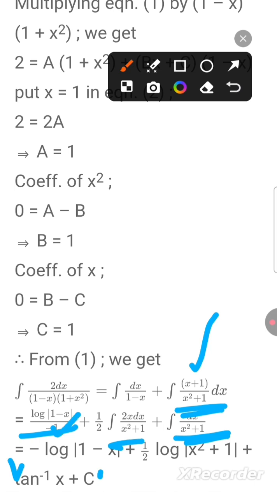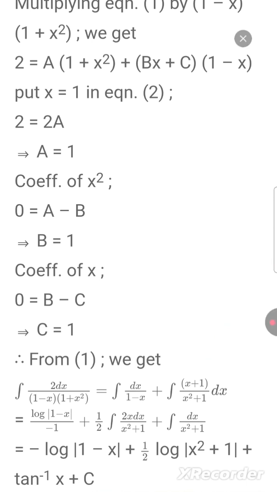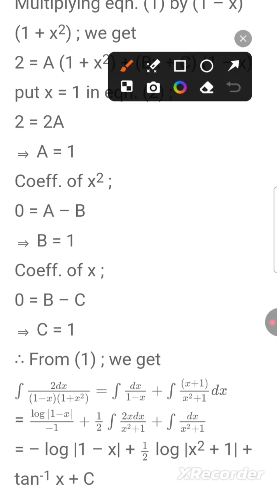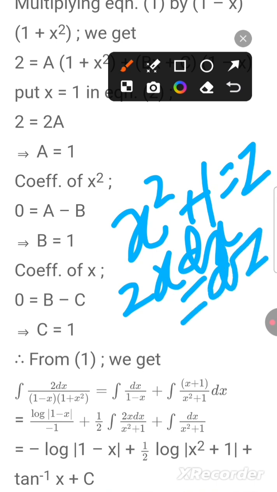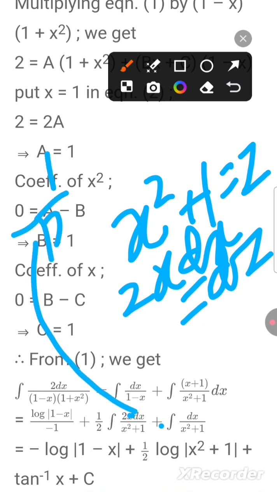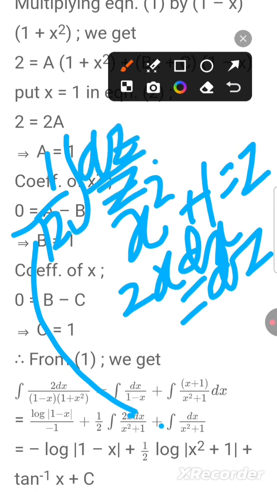So we could manage the integration of the first and the last part very easily, but for the integration of the second part we have to substitute x square plus 1 is equal to z, which is not shown here. 2x dx is dz. So this integration then turns to half integration dz by z, which is half log of x square plus 1.